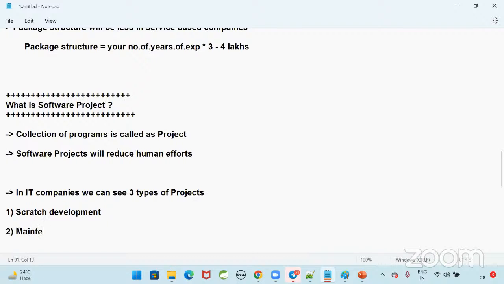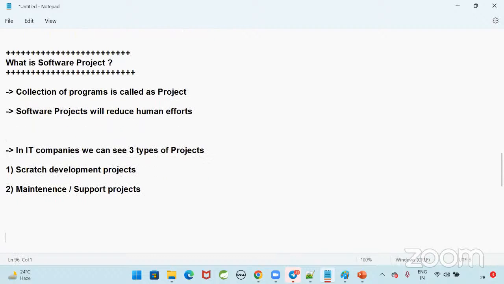Second one is maintenance or support projects. Third one is migration projects. A collection of programs is called one project. Software projects reduce human efforts and make human life simple.